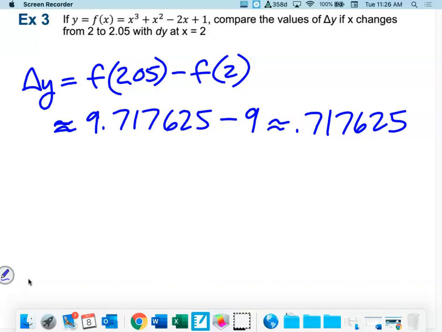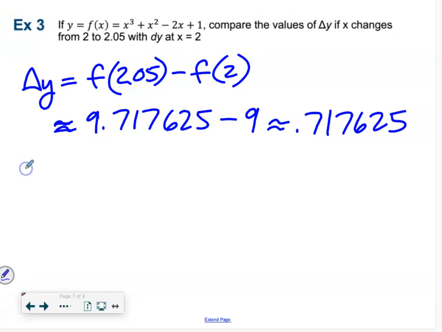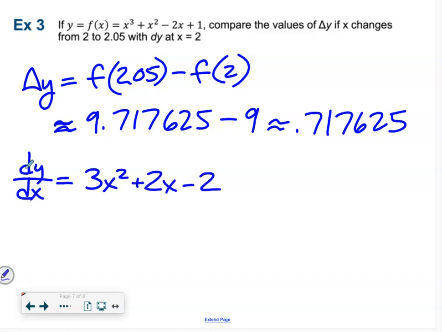Now to find dy, what we're going to do is use the derivative. So we're going to find dy dx, just like we normally do. So our normal derivative, 3x squared plus 2x minus 2. But we don't want dy dx, we want dy.